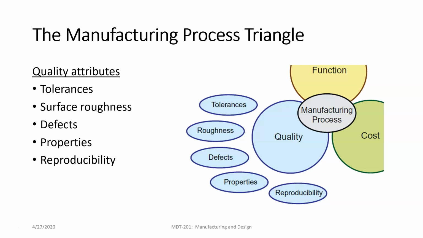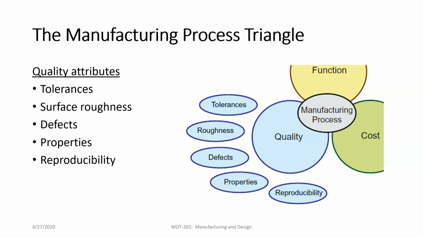That is to say, if we make 1,000 of these parts, are they all going to be the same, or is there a lot of variation within the quality deriving from the manufacturing process? So, for example, if we compare subtractive, which would be machining, and additive manufacturing, which would be 3D printing, in terms of reproducibility, one of the drawbacks that additive manufacturing has is that it's not as reproducible as a CNC machining operation.